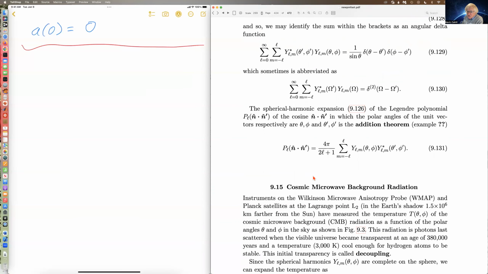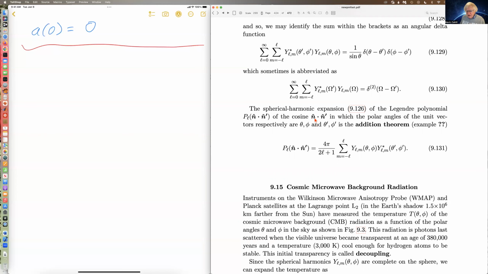The spherical harmonic expansion of the Legendre polynomial of a unit vector, the dot product of two unit vectors, n hat and n hat prime. Hat is often used to denote a unit vector.